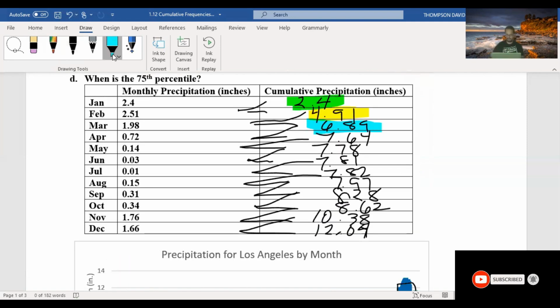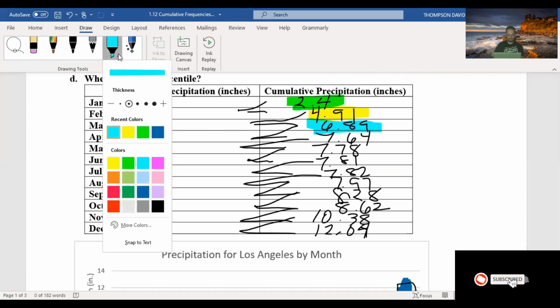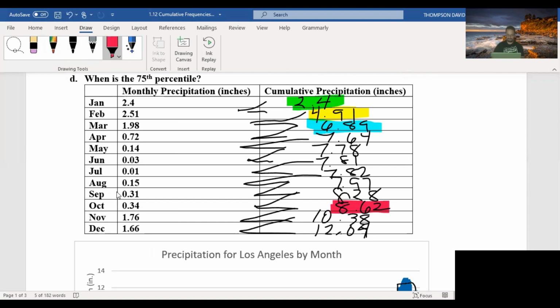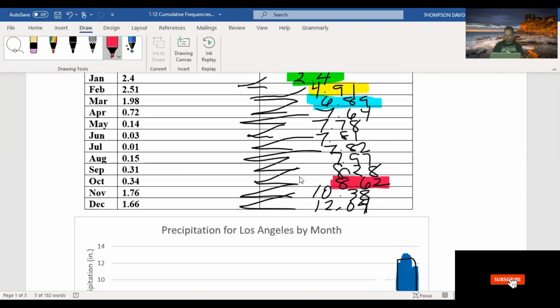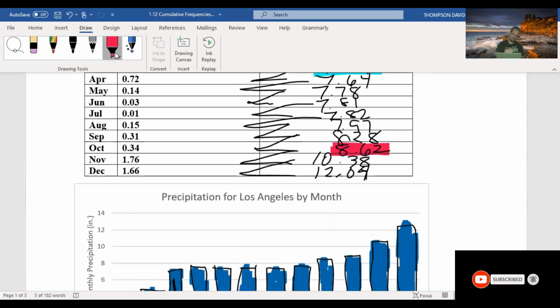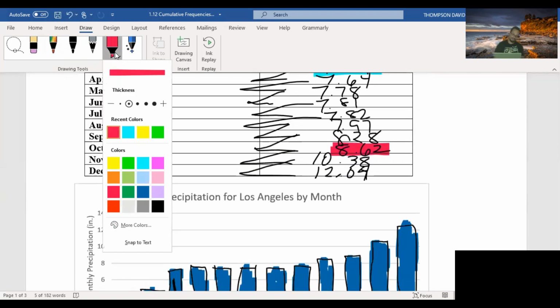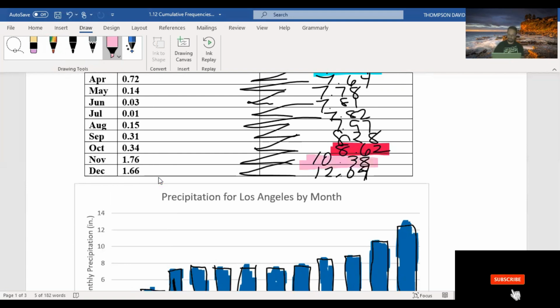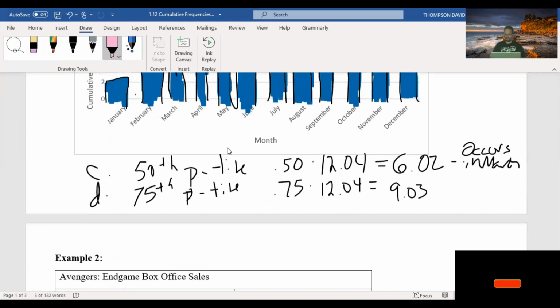So continuing the same logic, we could see that in October, we're at 8.62. Recall, we are looking for 9.03, so that hasn't quite got us there. So if we take a look really close at November, we're at 10.38. So sometime between October and November, we hit our 75th percentile. So we're going to say this occurs during November.